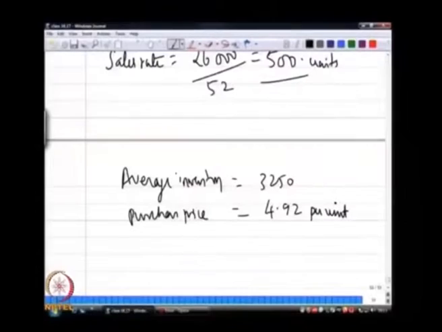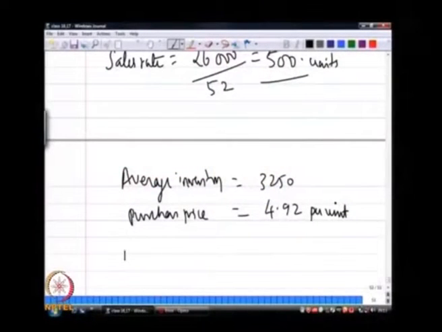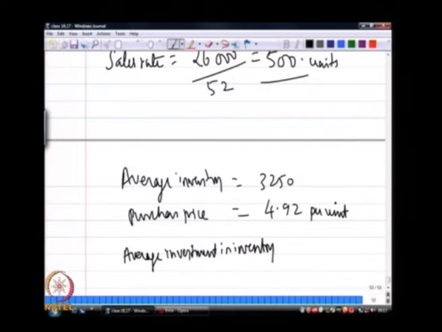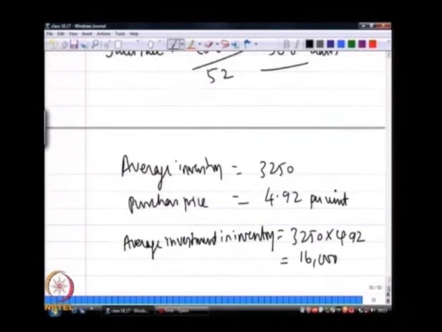In this case, this is a classic example of a working capital requirement, which means I need around 3250 units of inventory, and when the purchase price is 4.92, the average investment that I have to make in purchasing inventory is 3250 times 4.92, which is 16,000 rupees.